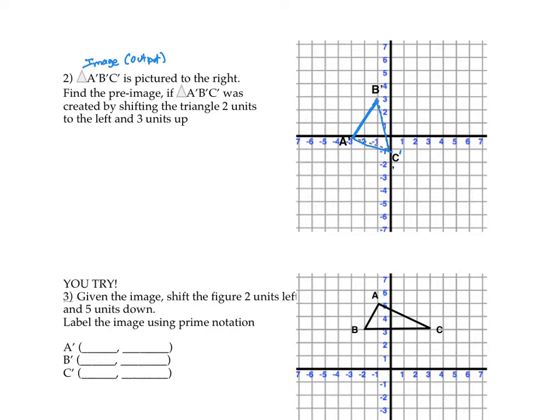And it says find the pre-image if A prime, B prime, C prime was created by shifting the triangle 2 units to the left and 3 units up. Okay, so this is the result of going to the left 2 and up 3.